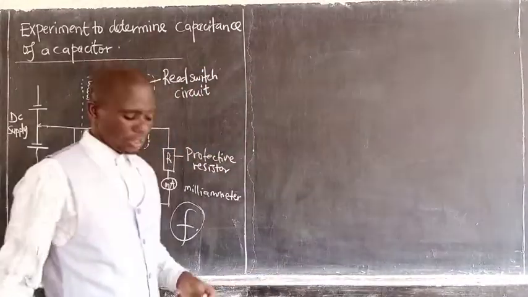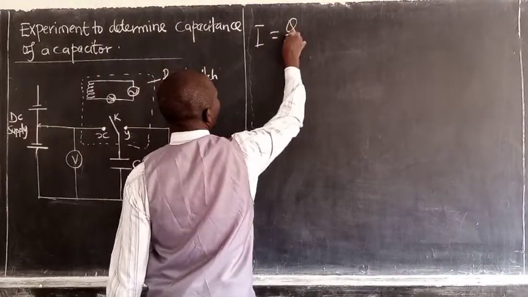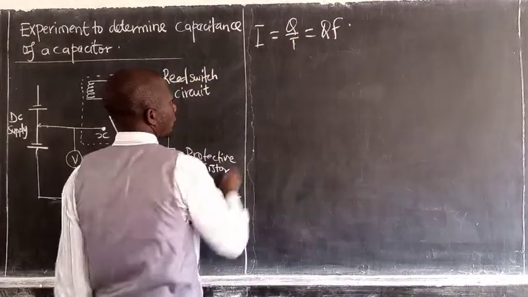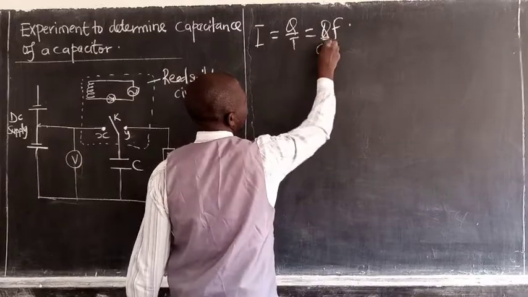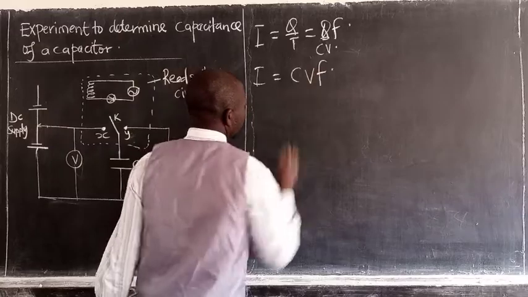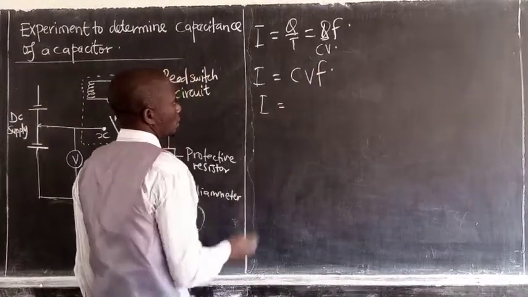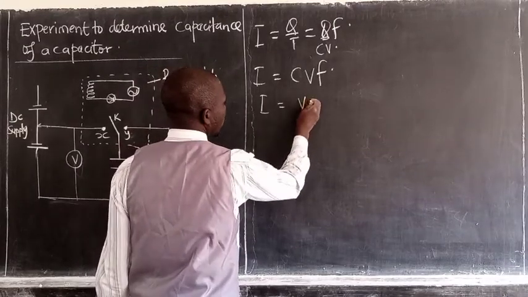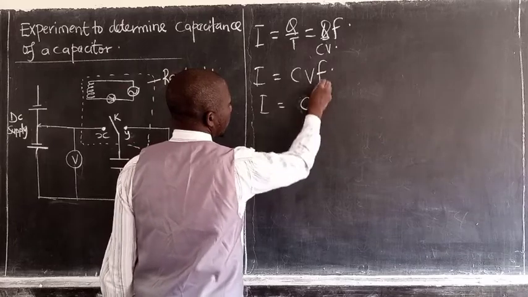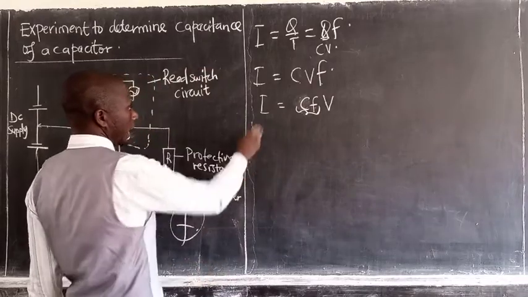From the previous lesson, we said that current I is the rate of flow of charge, which becomes QF because 1 over T is F. But we said that charge is CV, so I equals CVF, which I can say that I equals CF times V.